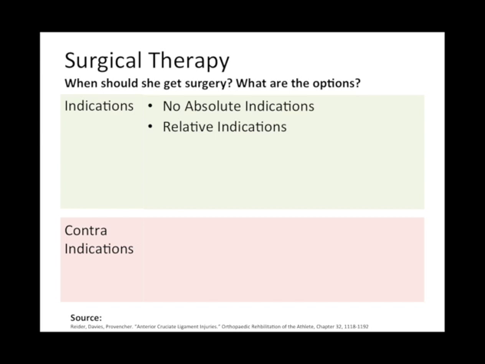With any surgery, as with any treatment in medicine, there are indications and contraindications. You should know for ACL reconstruction, there are no absolute indications. However, there are some relative indications that can guide us in choosing whether or not we get this therapy.